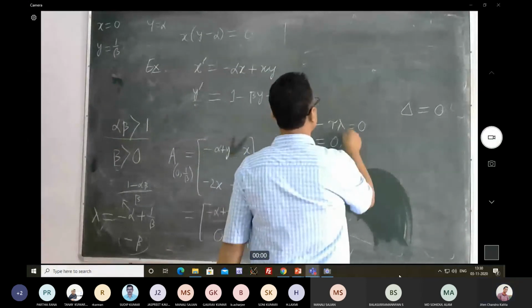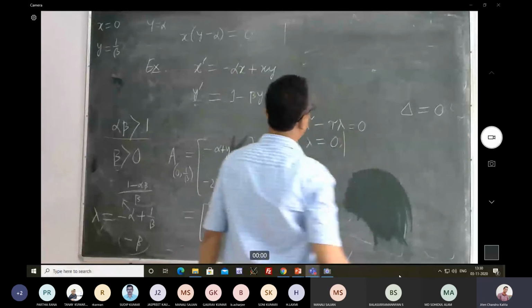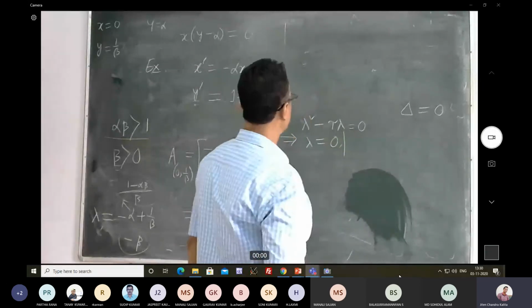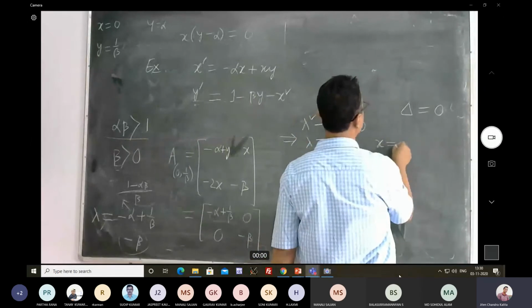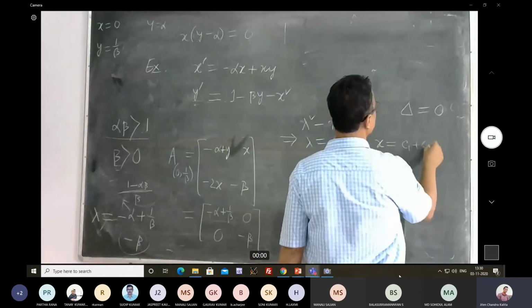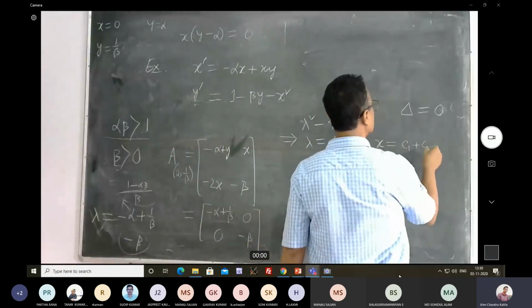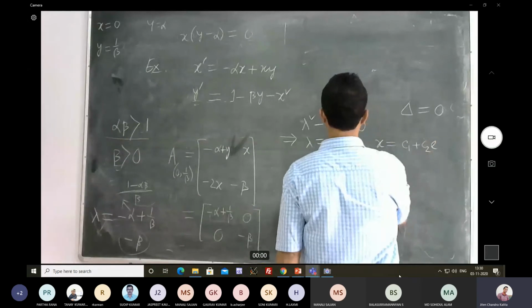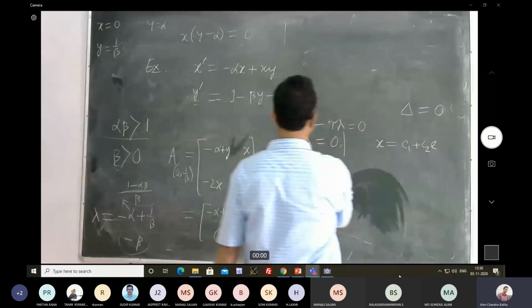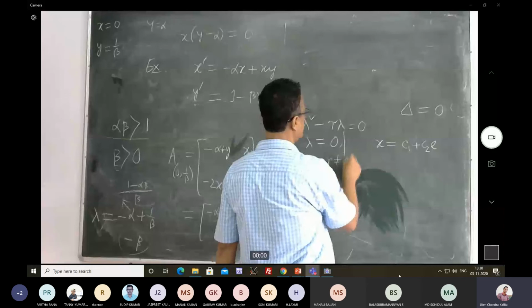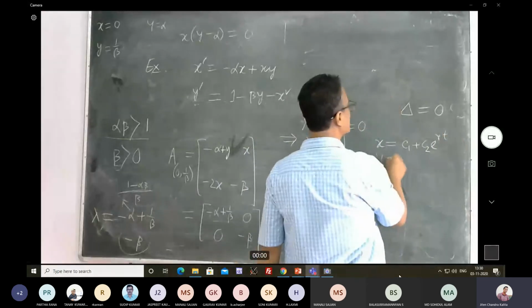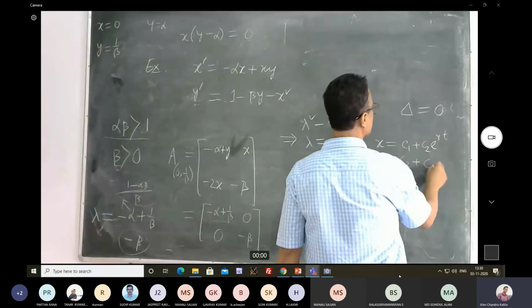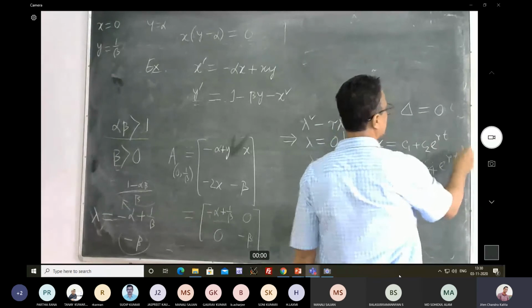And if the other lambda is non-zero, say lambda equal to r not equal to 0, then your solutions are going to look something like x equal to c1 plus c2 e to the power rt, and then y equal to something like c3 plus c4 e to the power rt.